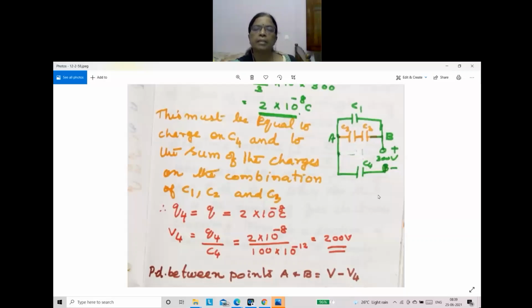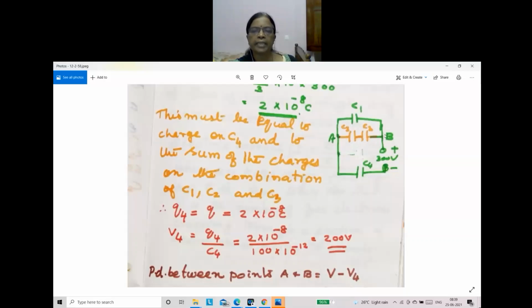Total 300, and 200 is across C4. What's the remaining potential difference? 100. So only 100 is appearing across this combination.